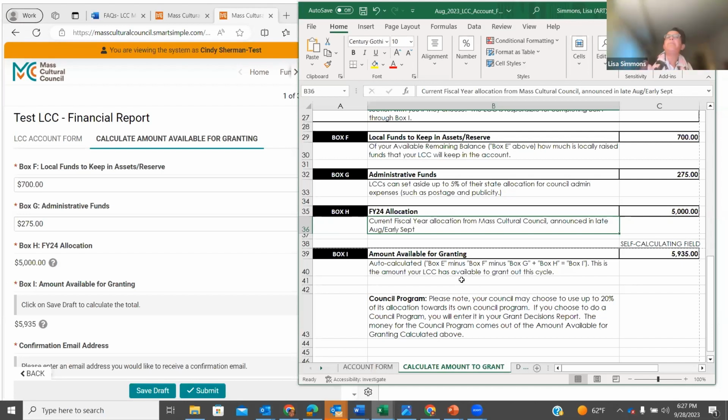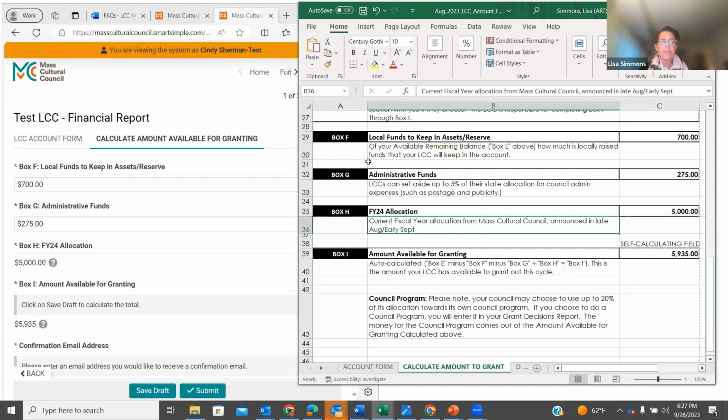And this is why we ask that all of the funds that the LCC is responsible for, allocations, fundraising, municipal money, if you received a festival grant, all of the money has to be kept in one account, because all of these calculations help us to understand how much money you have for granting.